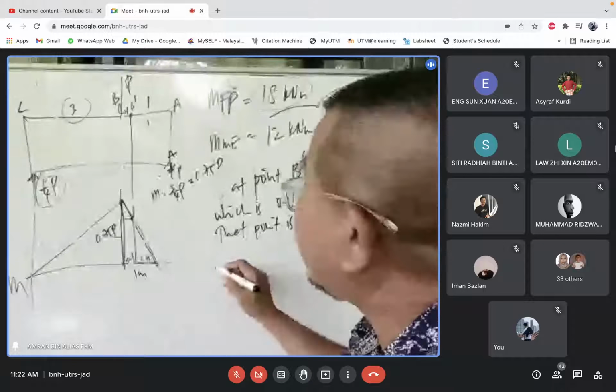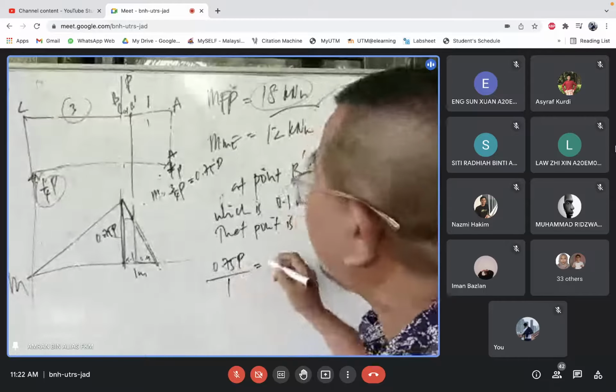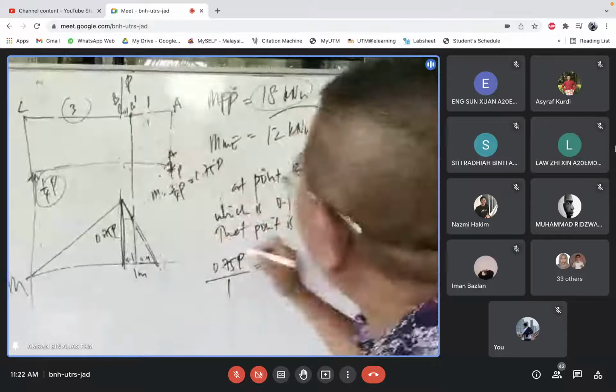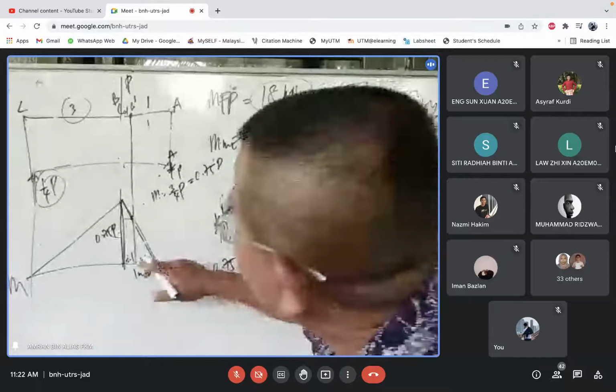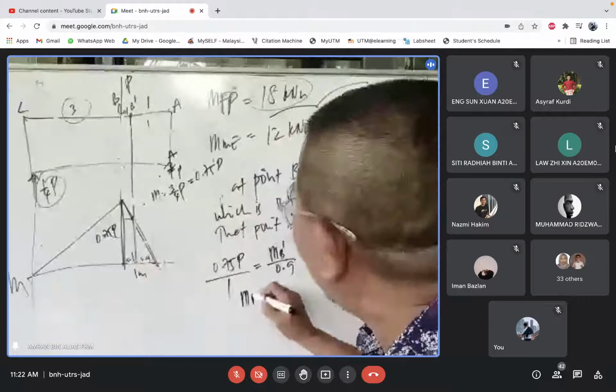So, my mathematics say what? 0.75P over 1 equals, I don't know that height, the moment at B dot, over 0.9. So I solve this. What is my moment at B dot?